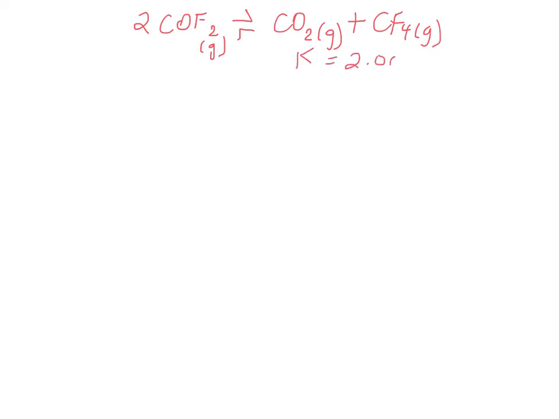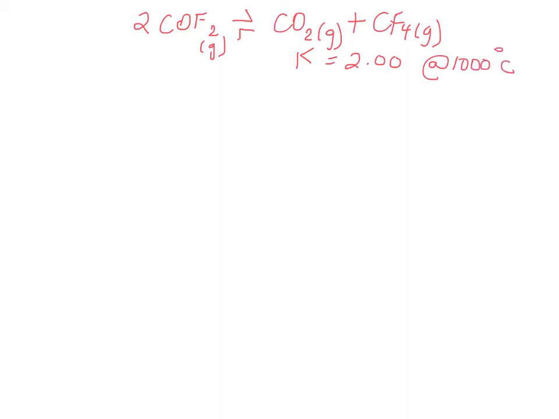So let's say I have a reaction, 2 COF2. It's in the gas phase and it's getting converted to CO2, which is also in the gas phase, and CF4, gaseous, and the Kc is given to be 2 at 1,000 degrees Celsius.